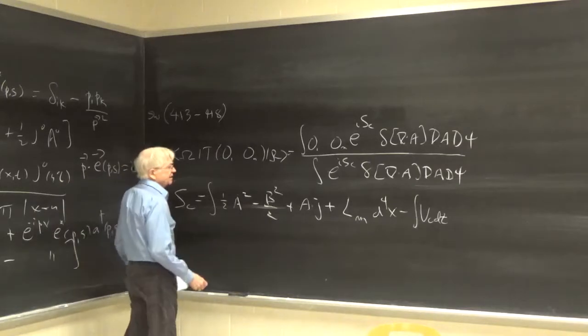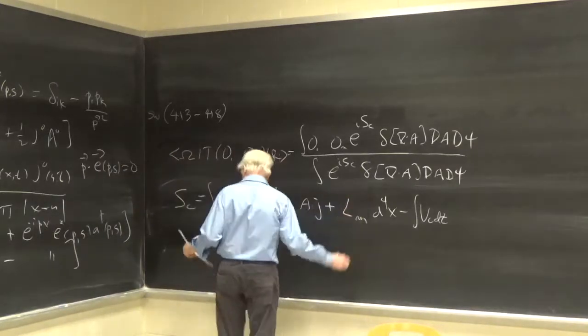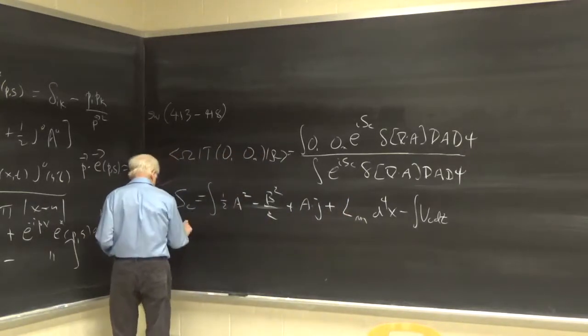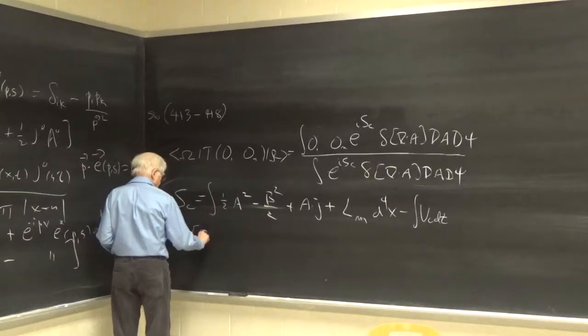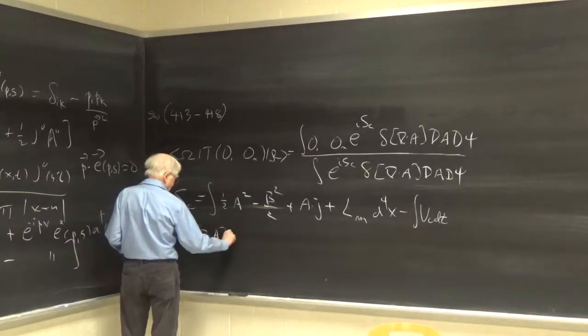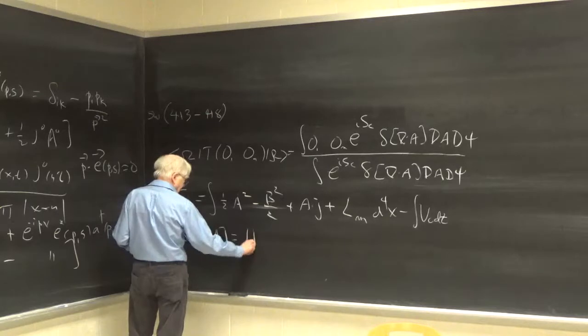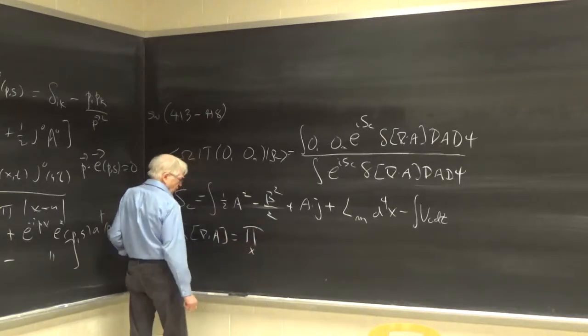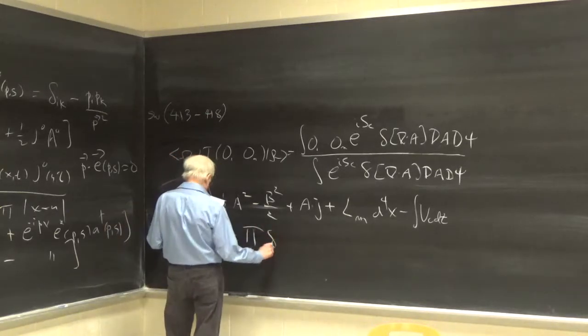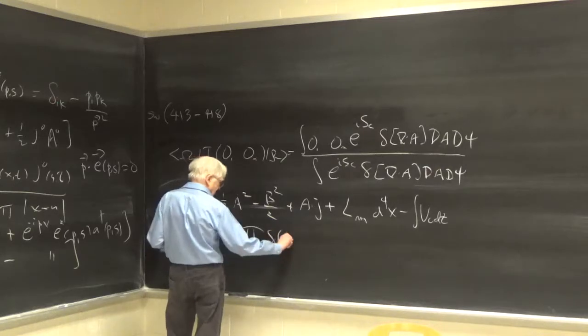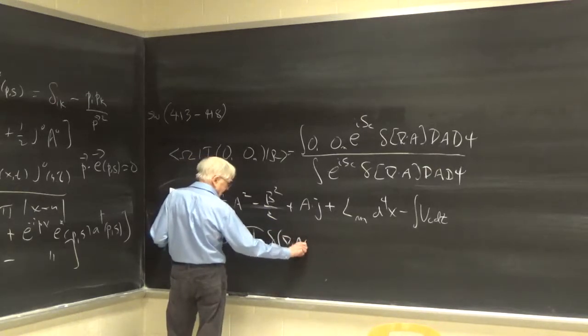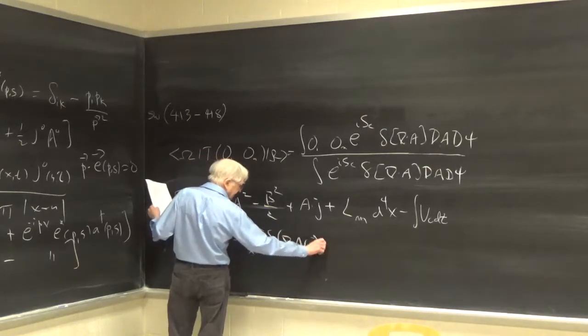This delta, which I wrote so casually, is actually a product over all of space-time of a delta function of del dot A of x and t.